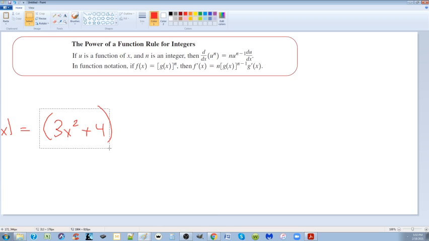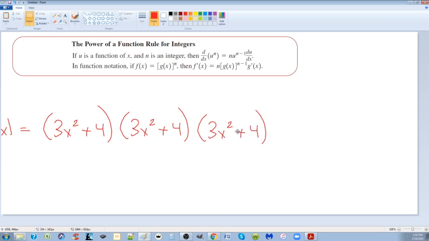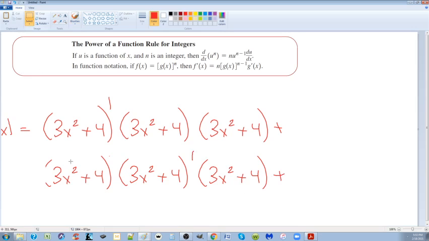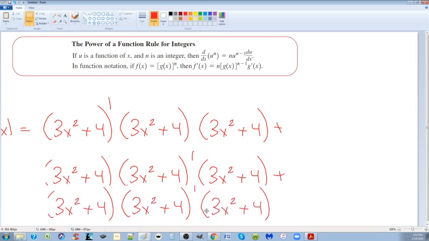So what is this thing cubed? It's simply itself, times itself, times itself. And they discovered from the last one that you take the derivative of this, and you add it to the derivative of the second one, and you add it to, this is just the product rule over again, the derivative of the third one.